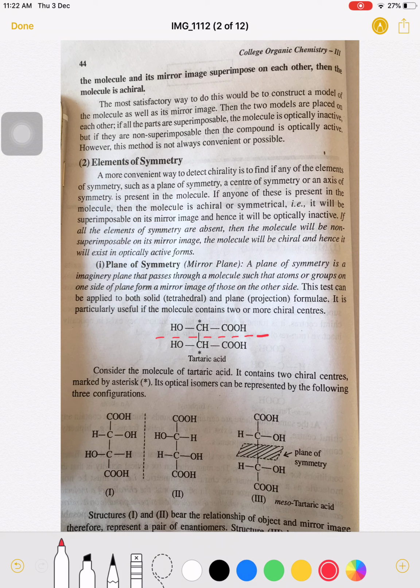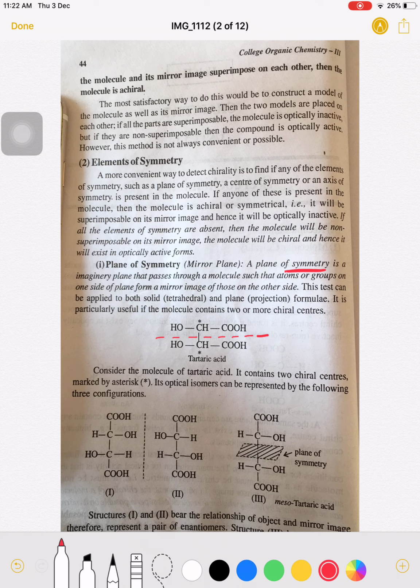Now see the definition here. A plane of symmetry is an imaginary plane that passes through a molecule such that atoms or groups on one side of the plane form a mirror image of those on the other side. Because of this, the molecule possesses a plane of symmetry. This test can be applied to the tetrahedral molecule or to the plane projection formulas also.